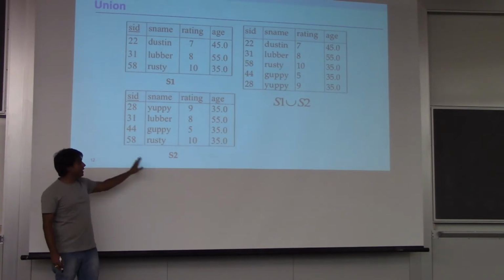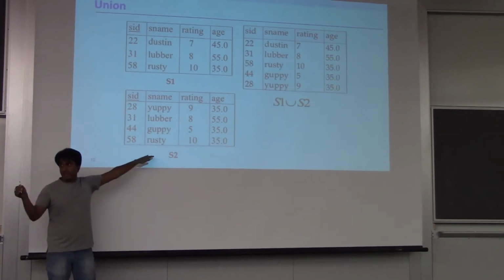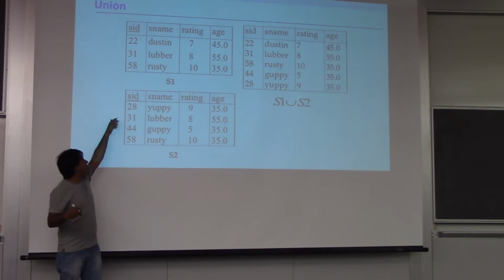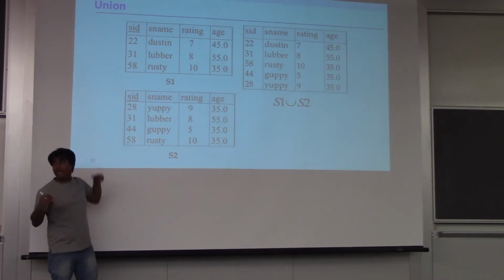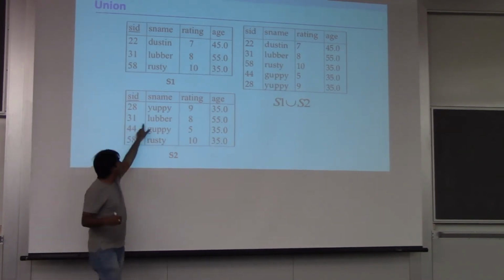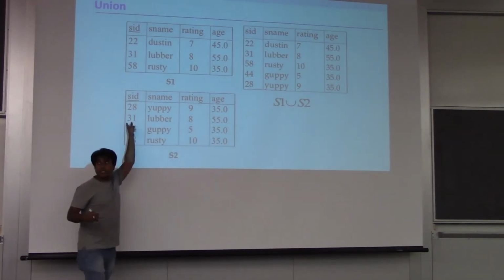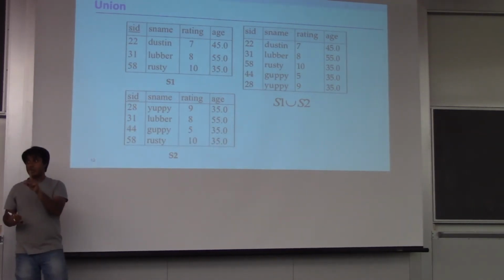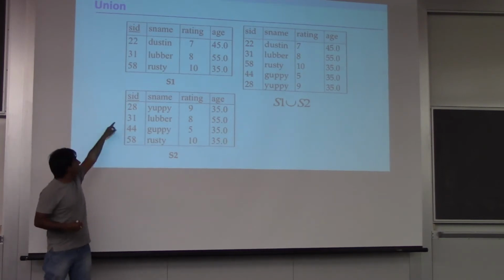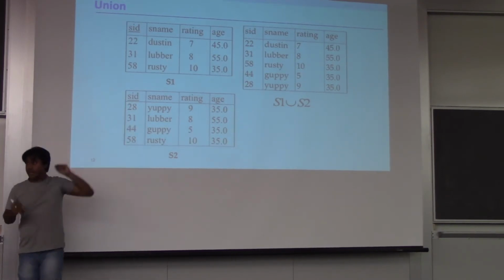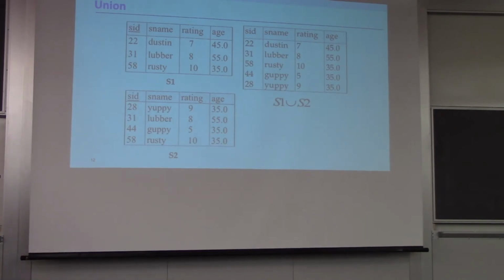Think of this S2 as a set, and in that set you have 1, 2, 3, 4 elements, and each row as a combination is one element. If that 31 row and this 31 row differ in anything, then you don't consider them as equal. So you keep both. Okay. But then the SID is no more a constraint for the final result. There is no constraint at that time.